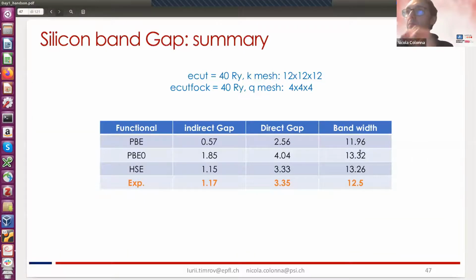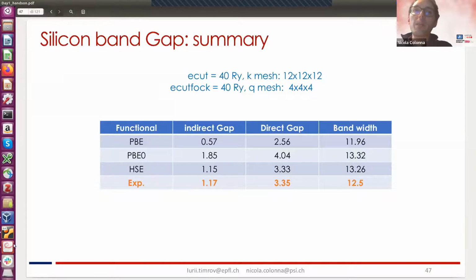It also widens the bandwidth probably too much. HSE instead, thanks to its range separation, somehow mimicking the screening happening in a semiconductor or a system with a very small band gap, is much closer to experiment. In this case, the agreement with experiment is very good.